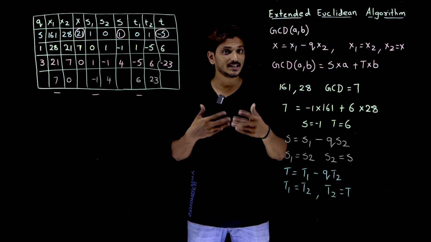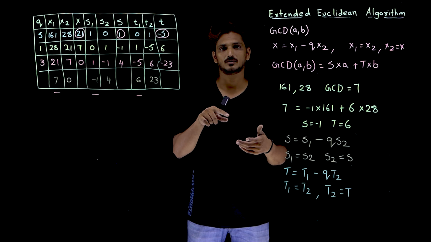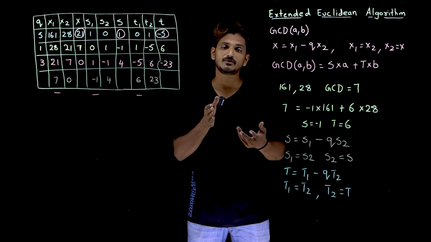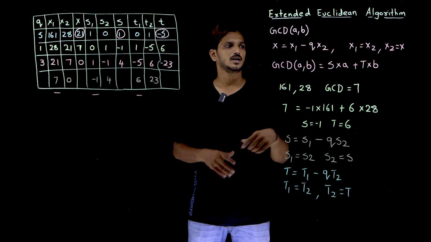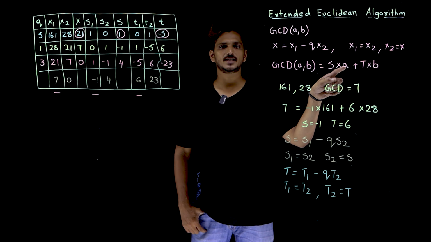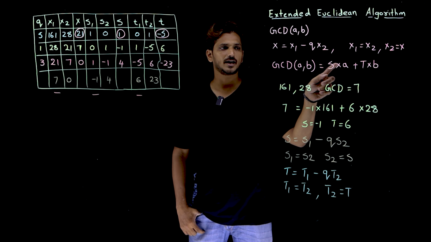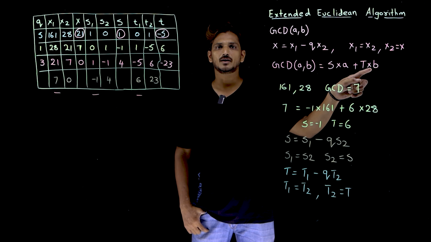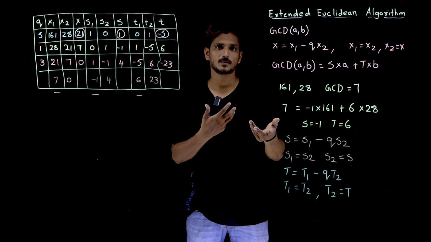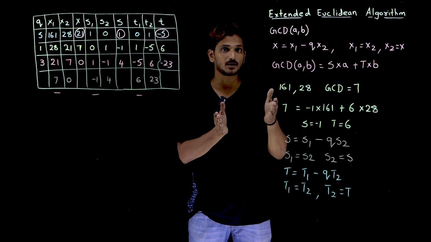Yes, any GCD value can be written in the form of A and B. Why is it possible to write the GCD value in the form of A and B? Because the GCD of A comma B here is 7. 7 divides A. That is what GCD means, greatest common divisor. 7 is going to divide A, and 7 is going to divide B. If it divides, you can use multiplication values and the plus and minus symbols.